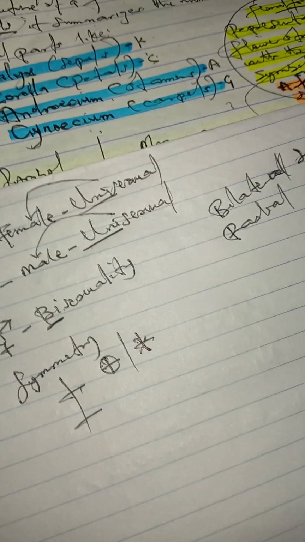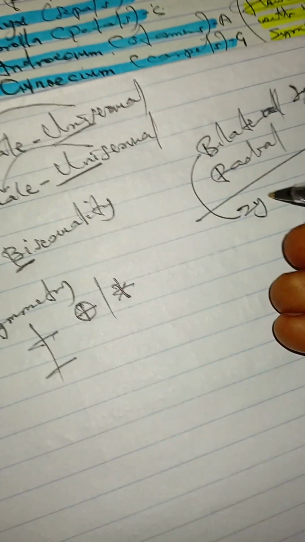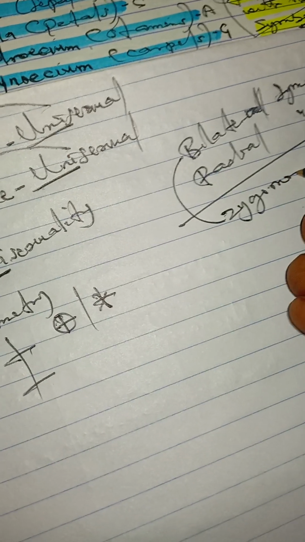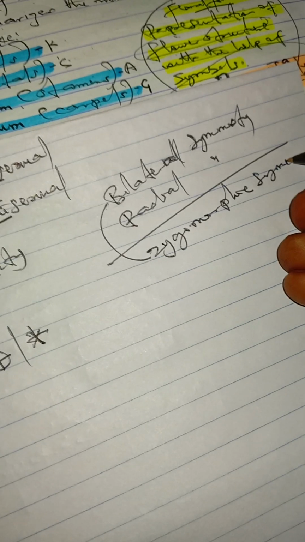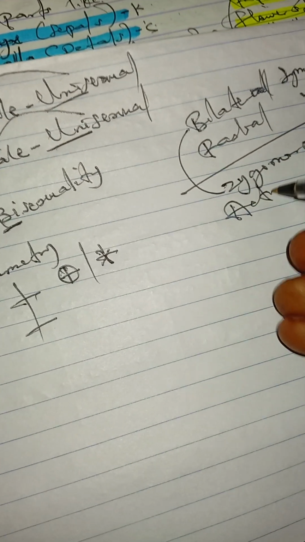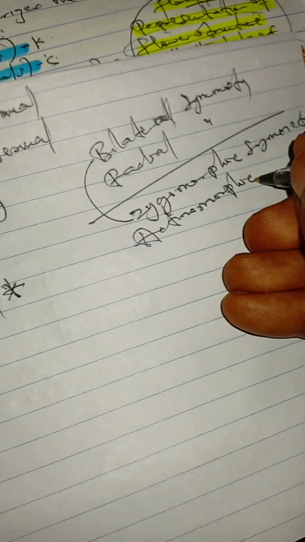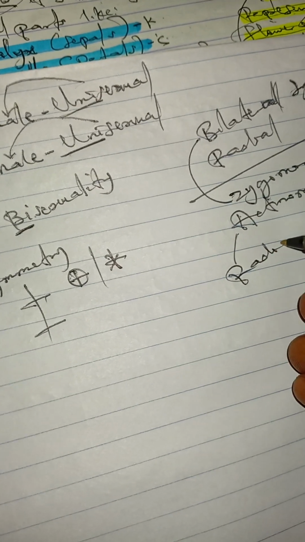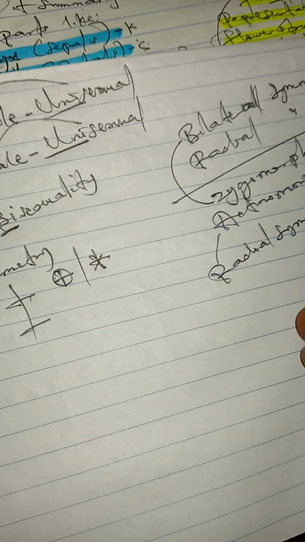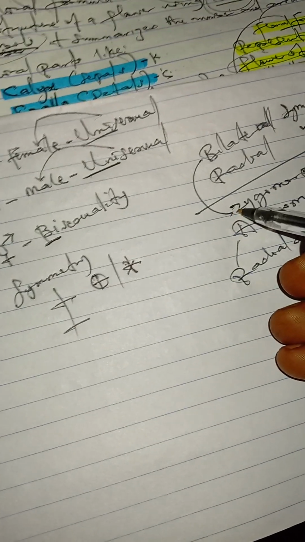Now, in this field, in botany, bilateral symmetry is also called zygomorphic symmetry, and actinomorphic symmetry is called radial symmetry. Are we there?